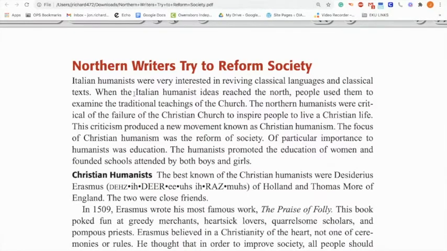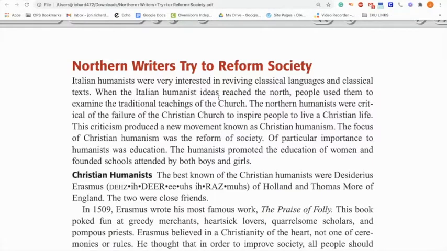And basically what humanism is, or humanists, are people that believe that humans are capable of anything through education, and believed that we should learn about history and the classical works, reading and writing, and learn as much as we can about the sciences and philosophy and things like that. So these Italian humanists were very interested in reviving classical languages and classical text.